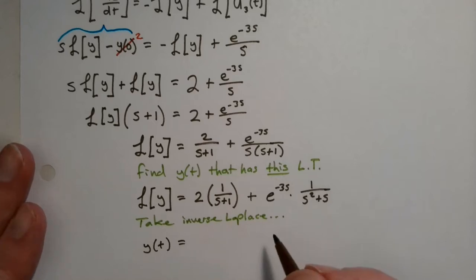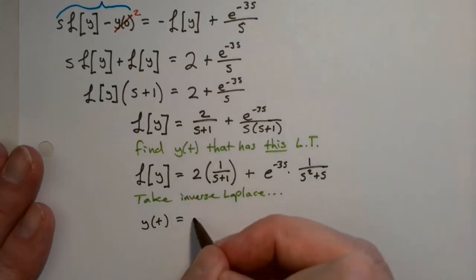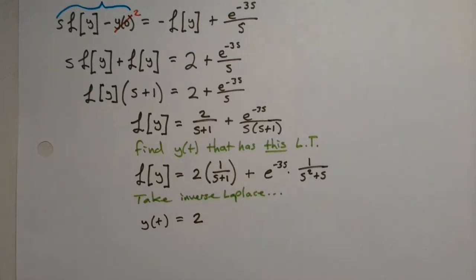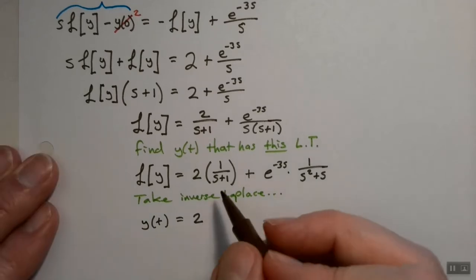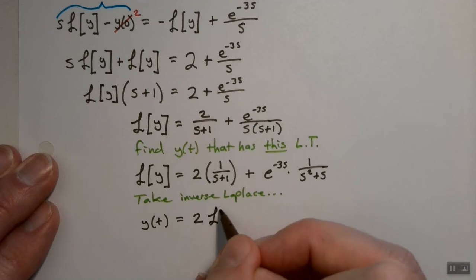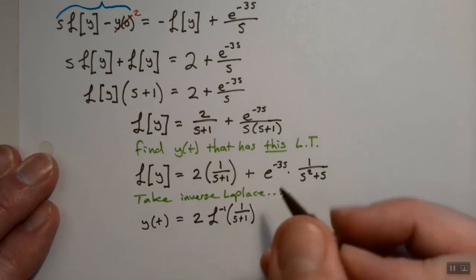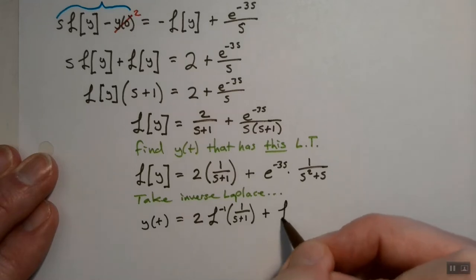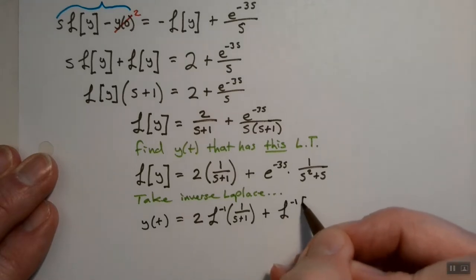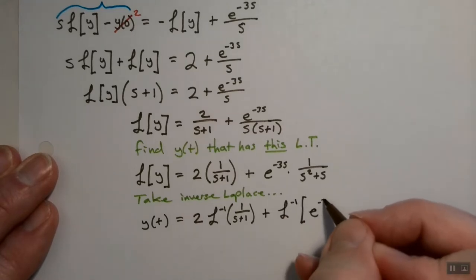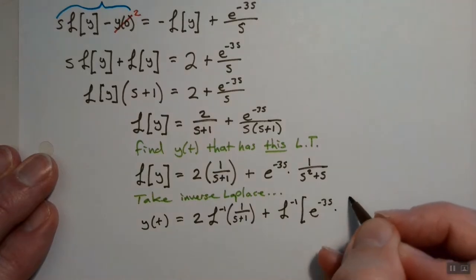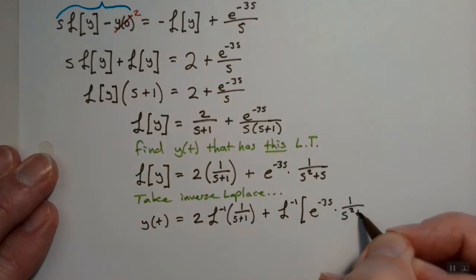The right-hand side is going to be 2 times, hold on, I got dogs coming inside here. So it's going to be 2 times the inverse Laplace of 1 over s plus 1 plus the inverse Laplace of all this stuff, e to the minus 3s times 1 over s squared plus s.